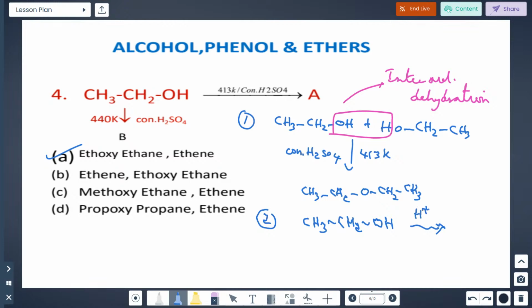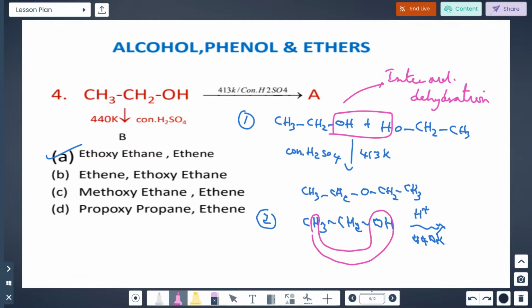Here one molecule of water will be removed within one molecule, so this OH and this H are removed.